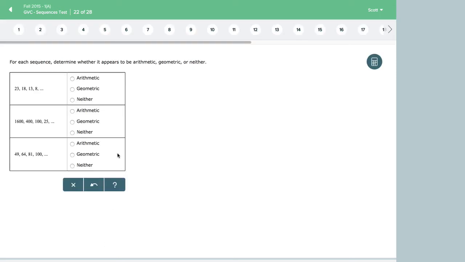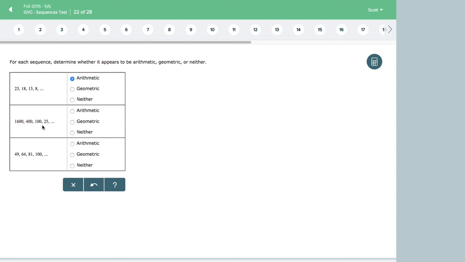Number 22. Is it arithmetic, geometric, or neither? Here we're doing -5, -5, -5. If it's plus or minus, it's arithmetic. If it's multiplication, it's geometric. This definitely doesn't look like plus or minus, so let's make sure that the other one works. Take the second number divided by the first number.